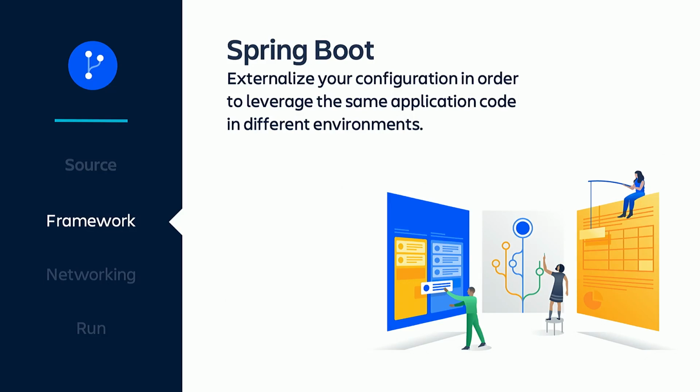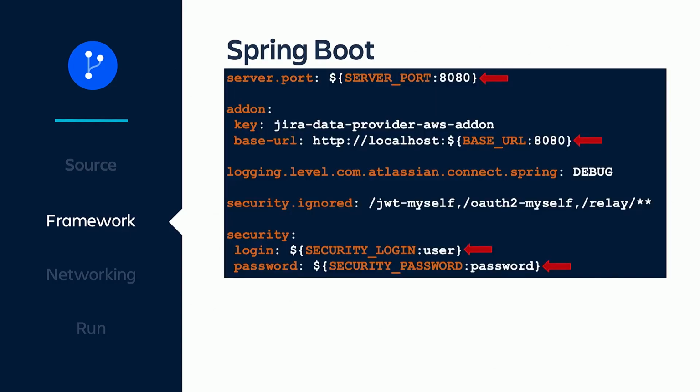But in the case of our Atlassian Connect app, we're defining this in our application YAML file, which you'll find within the application source directory. So you have on the screen an example of what that application YAML file looks like. And I've gone ahead and highlighted some of the relevant variables, like the port, as you can see, a base URL, and then some authentication information.